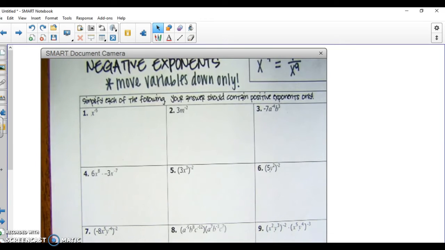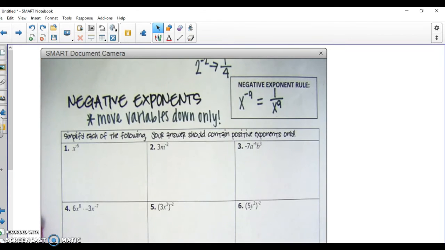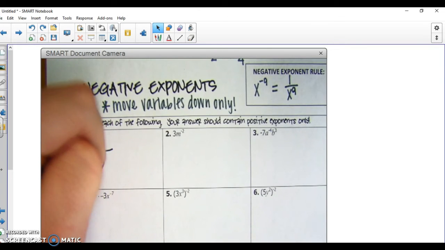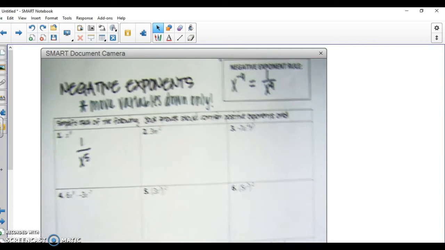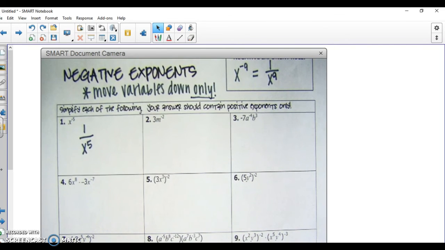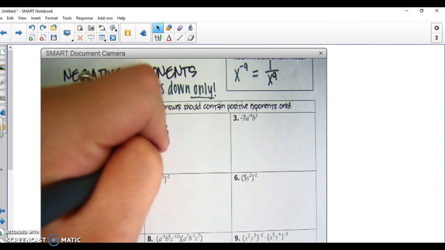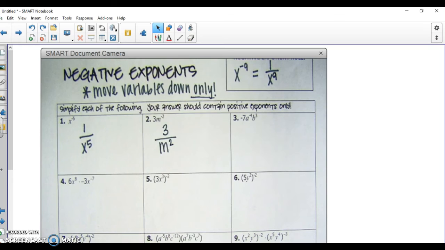So, number 1, we have x to the negative 5th power, so that's just like our exponent rule. That would just be 1 over x to the 5th power. On number 2, we have a coefficient there, so we have to look at our rule here. We're only moving variables. So when I only move the variable, that means I'm going to leave 3 at the top. It doesn't need to go anywhere. And then I'm just going to have m squared on the bottom.